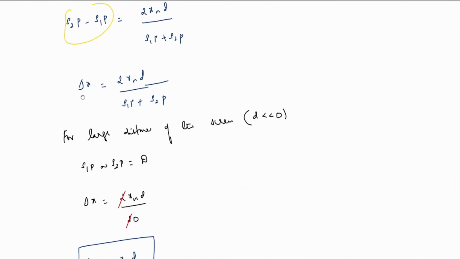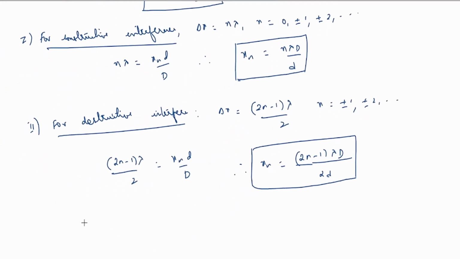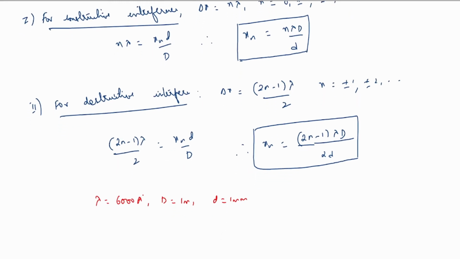Let's take a case where the wavelength is 6000 angstrom, capital D is 1 meter and small d is 1 millimeter. Observe that small d is very, very small compared to capital D. In this case, what would we get? When you put it back here, put n as 1.